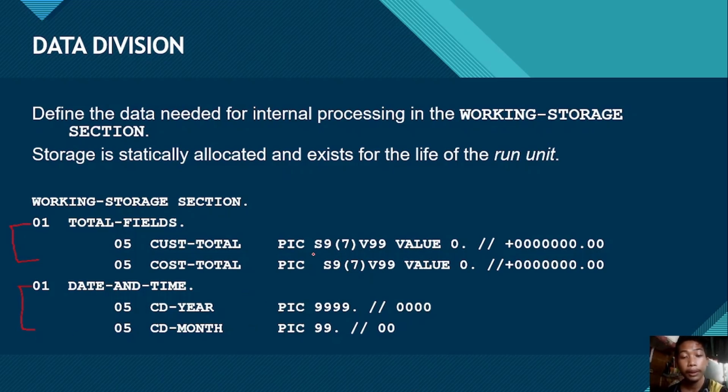So as you can see, we have S9, which is positive 7 digits, then decimal 2 digits, which has a value of 0. So meaning since it is being initialized to 0, the output of this would become like this. Same in this example.